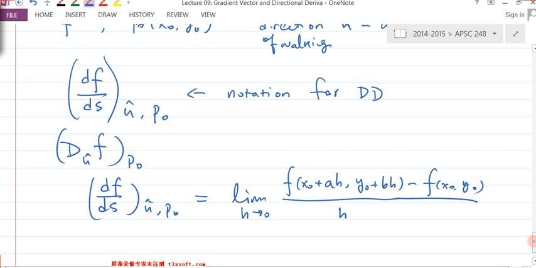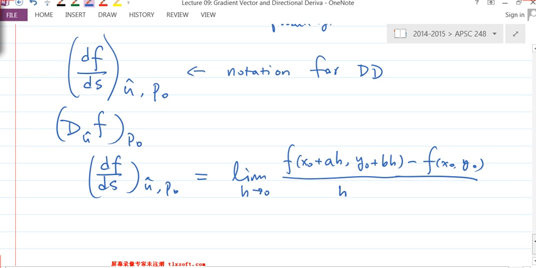That's the definition. Just like the slope, the directional derivative is a scalar quantity.